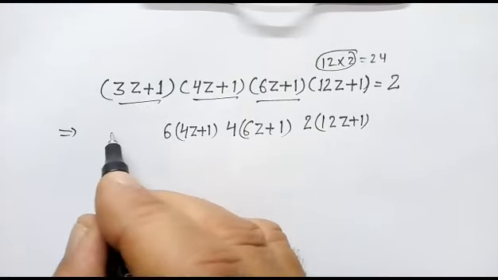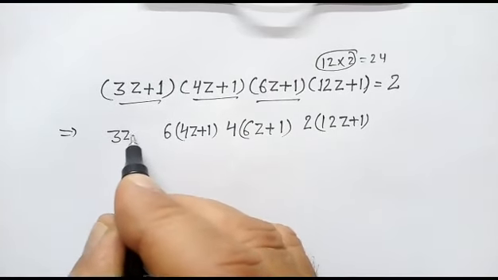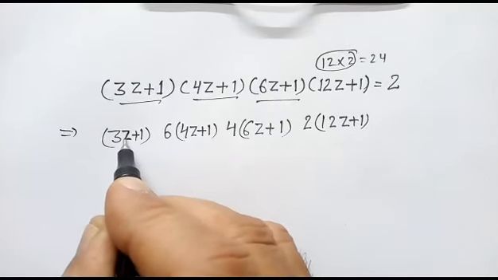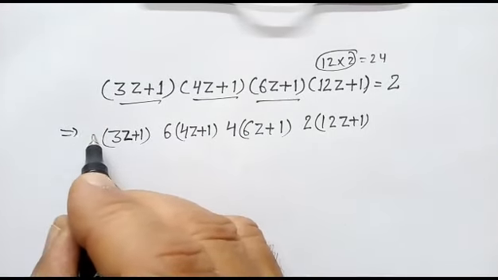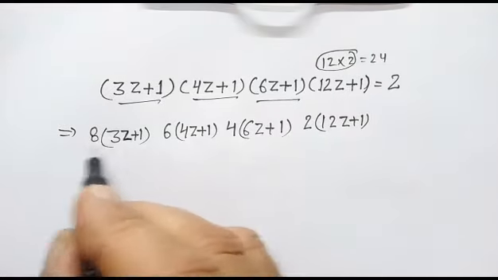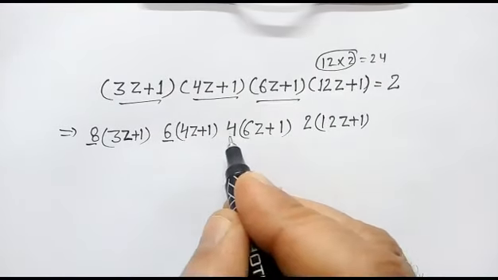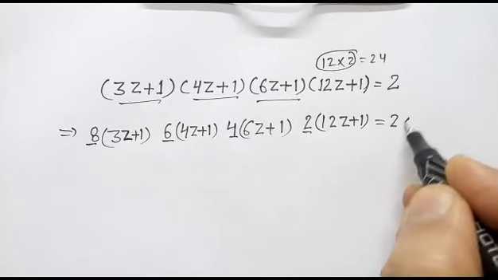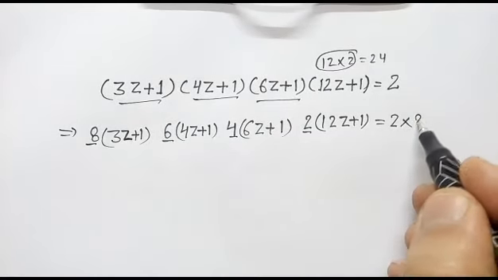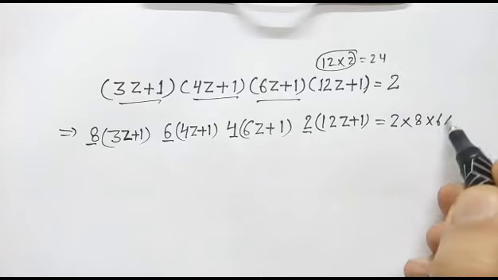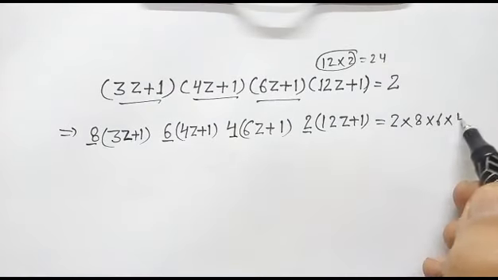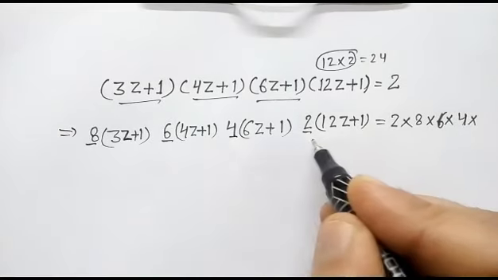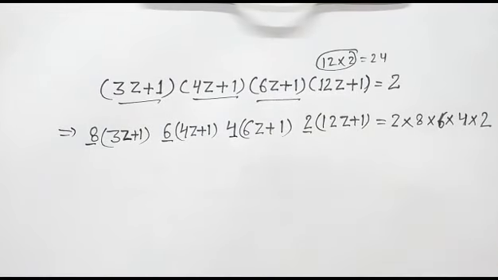And here 3z plus 1, so we will multiply by 8, right? Now 8, 6, 4, 2. So here on the right side, 2, we will multiply the same, by 8 into 6 into 4 into 2, right?